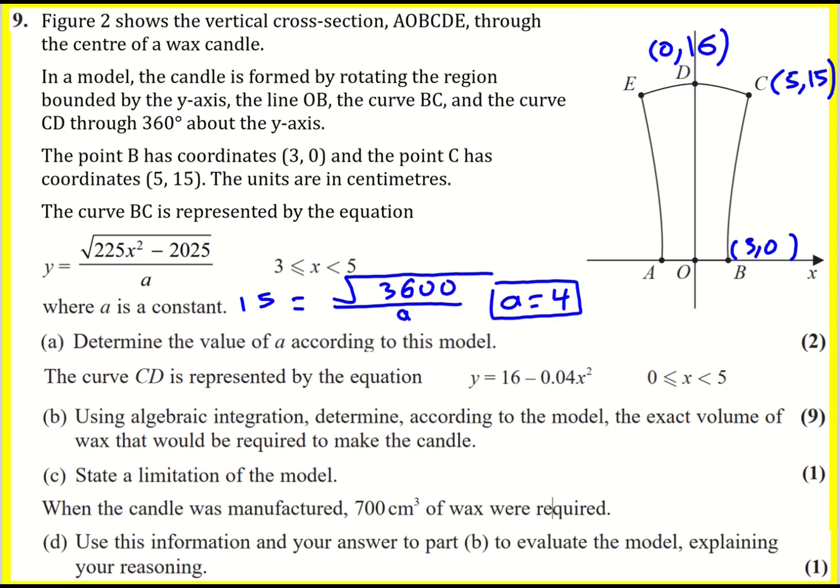This is a slight variation of a normal question because we have two different curves that we need to integrate. So what I'm going to do is integrate from 0 to 15 the first curve, and then 15 to 16 the second curve. This will give us the full volume of revolution.